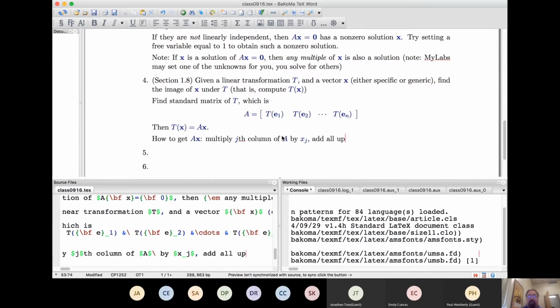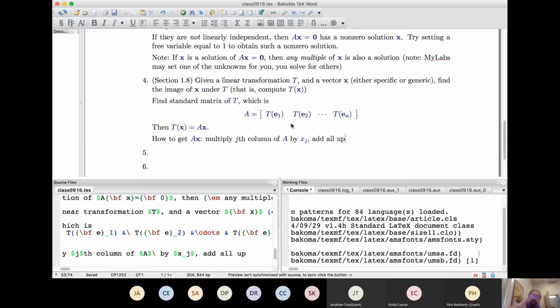So you take a linear combination of the columns of A, the coefficients in a linear combination come from the vector X. So once you take a linear combination, then you have your image of X under the transformation T.